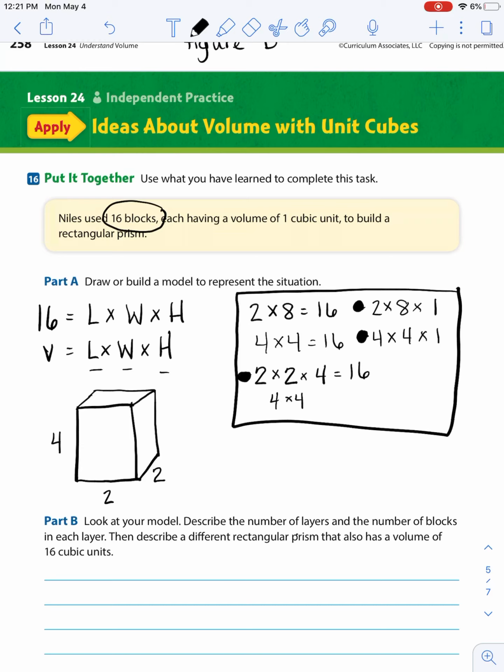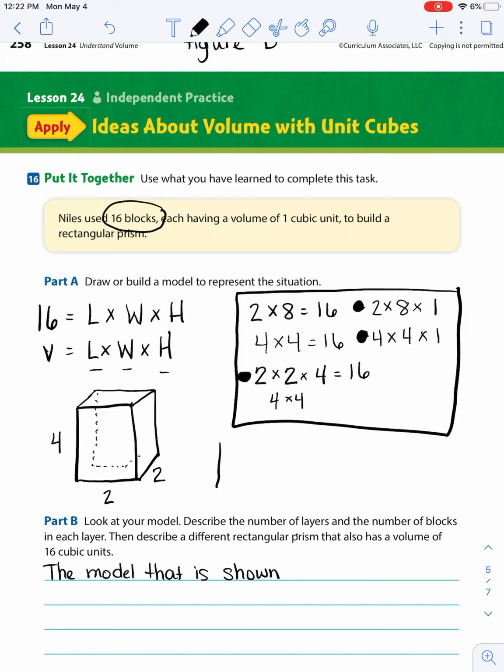So in the model that I have, the model that is shown, has a layer of... I feel like I'm doing this wrong.